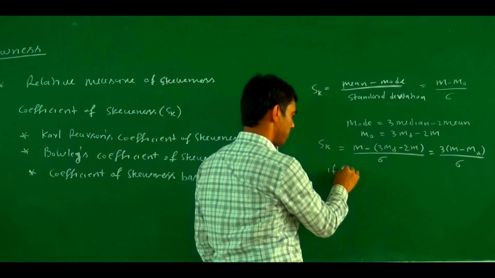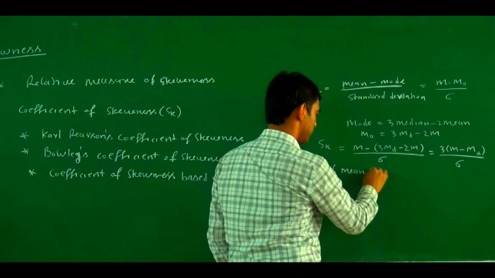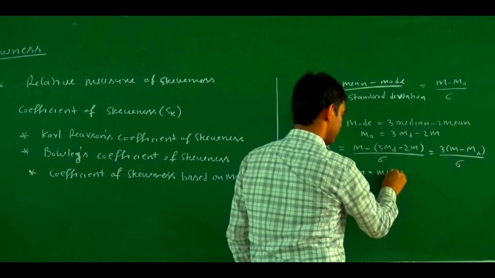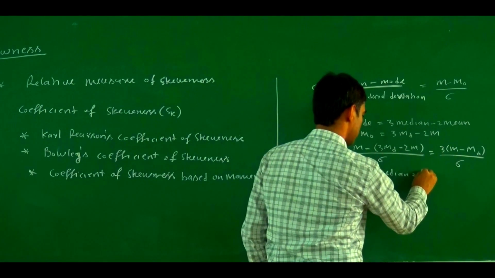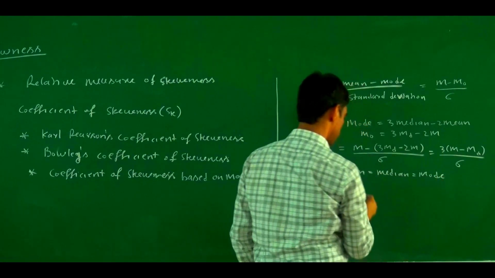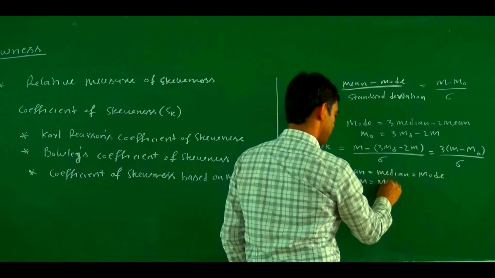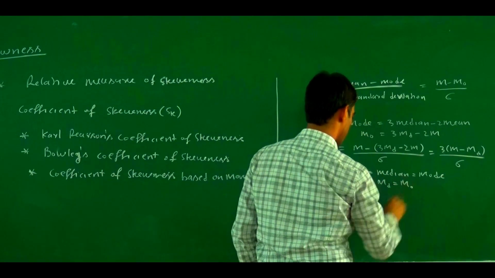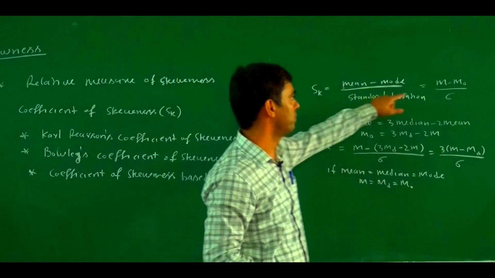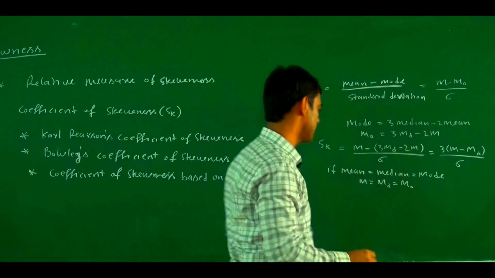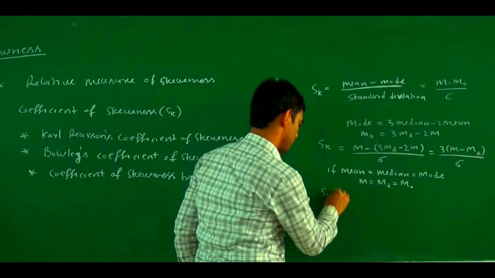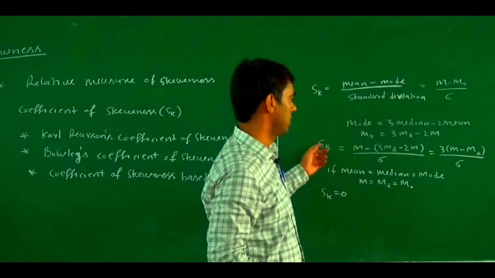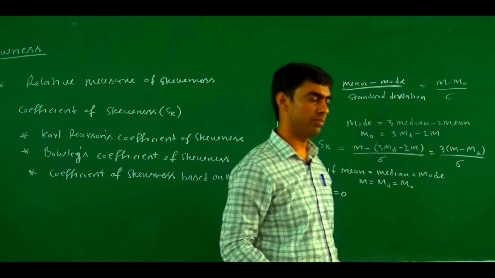If mean equals median equals mode, that is M equals MD equals MO, then what will happen? If mean equals mode, the value of SK becomes 0. Here also, if mean equals median, then SK becomes 0.